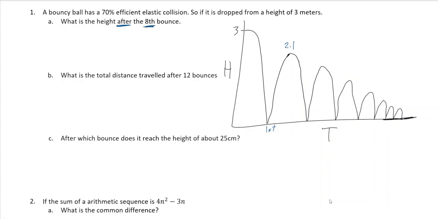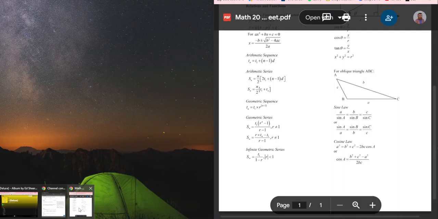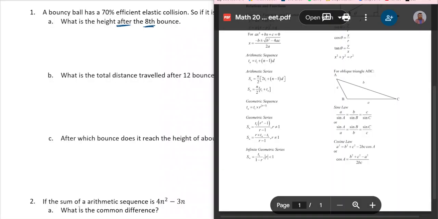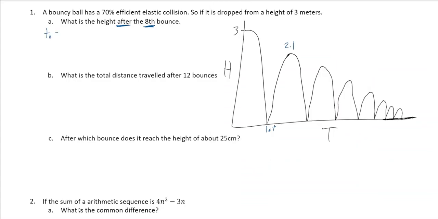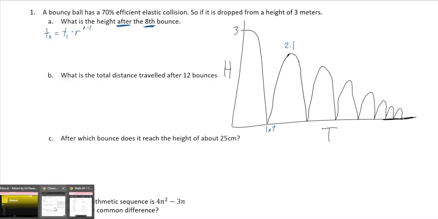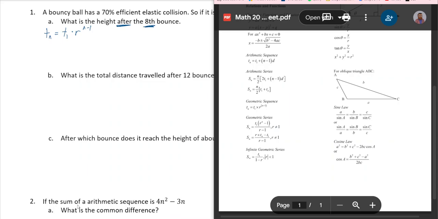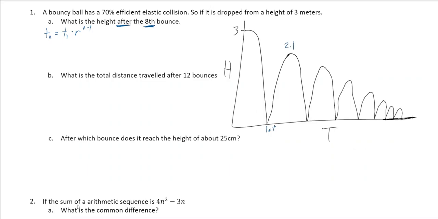So we need to follow our formulas, which look like this. It's a geometric sequence, so it's going to be Tn equals T1 times r to the n minus 1, I believe. We can just double check quickly. Yes, indeed. So the real question is, what do you take as T1?